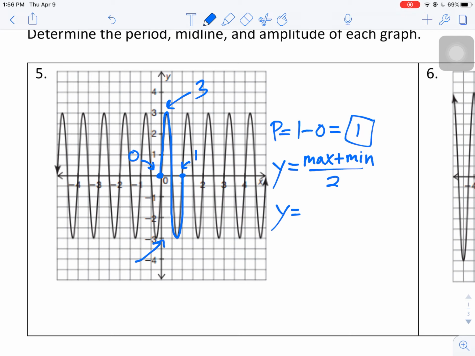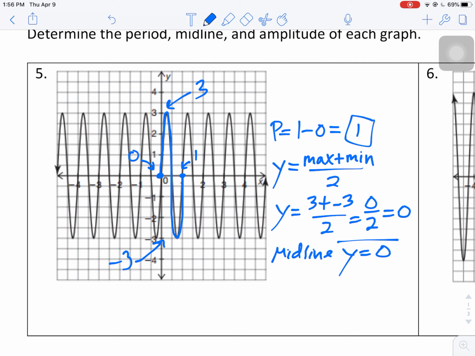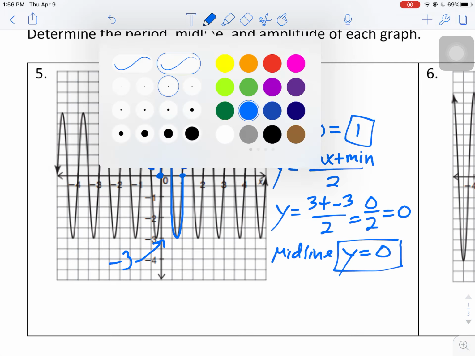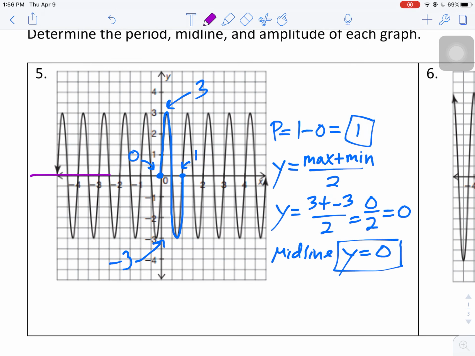My minimum is down here at -3. So 3 plus -3 divided by 2 is 0 divided by 2, which is 0. So my midline would be y equals 0. And you do need the y equals because it's an equation of a horizontal line. So it basically would be right there. That would be my midline.